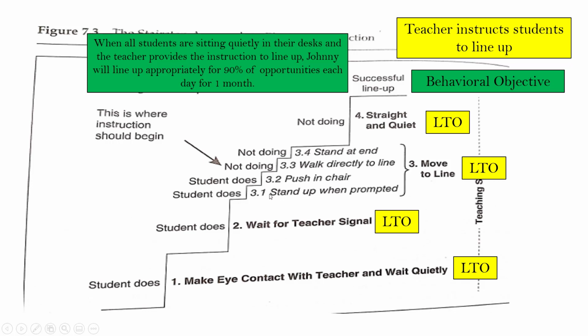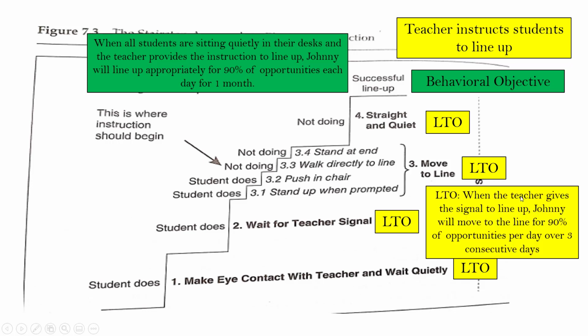It would say something like, when the teacher gives a signal to line up, which is after our second one, Johnny will move to the line for 90% of opportunities per day over 3 consecutive days.